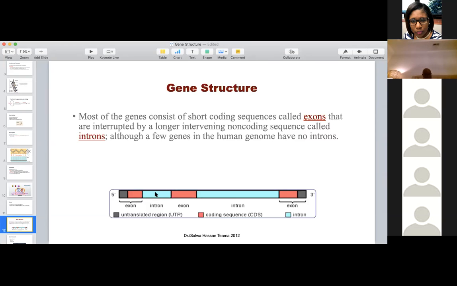And then these blue pieces are our introns. These are non-coding sequences that are there. So all of the information in our DNA is not used or translated into protein. And those sequences of DNA that are not coding for protein, we call them introns.